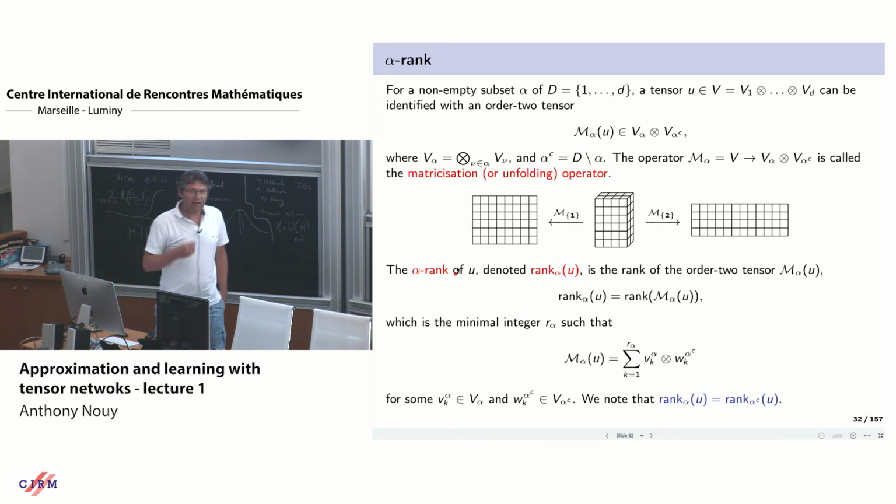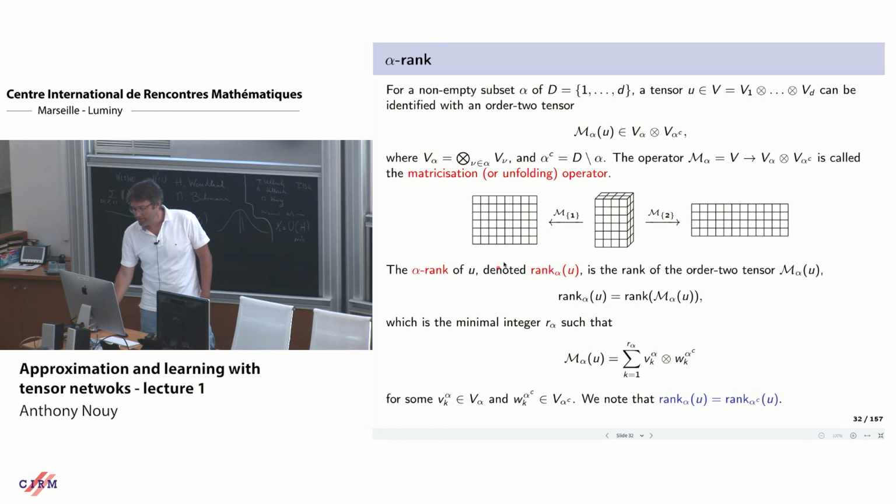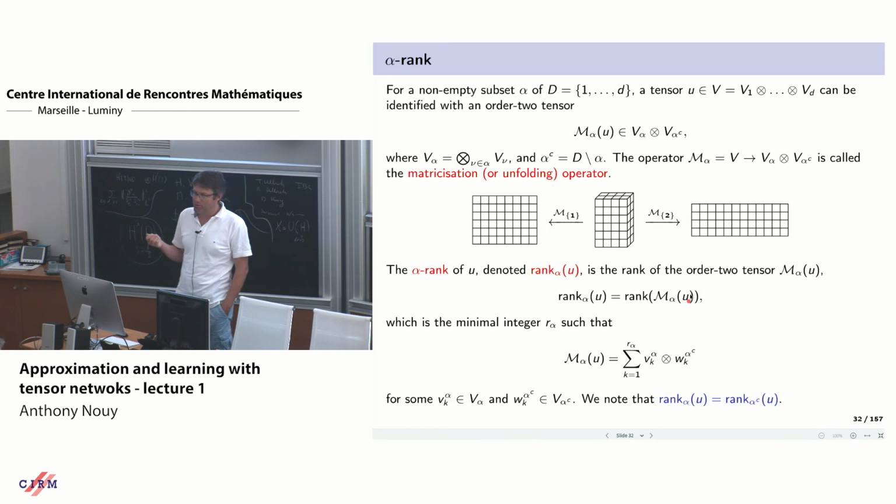What we call the alpha rank of a tensor U is nothing but the classical rank of the order 2 tensor that you see here. I will denote it rank alpha. Rank alpha of a tensor U is the rank, as defined before for order 2 tensors, of the alpha matricization of U.